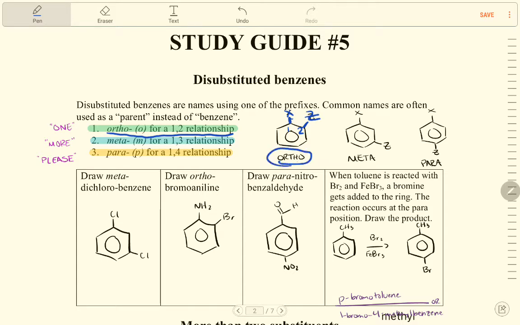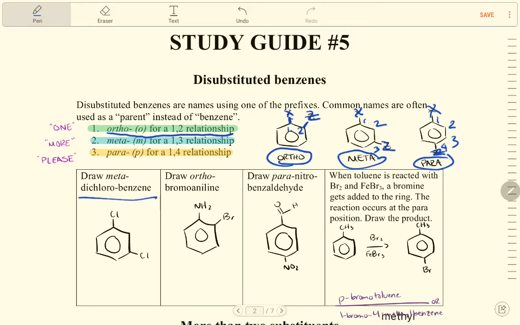If the substituents are located at 1 and 3, then it's a meta relationship. And this is para, 1 and 4. 1, 2, 3, 4.